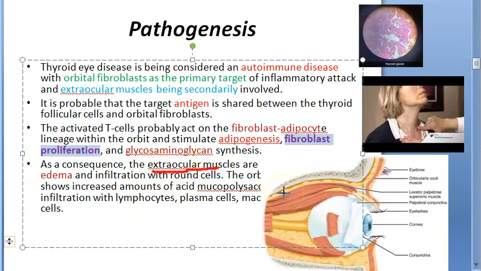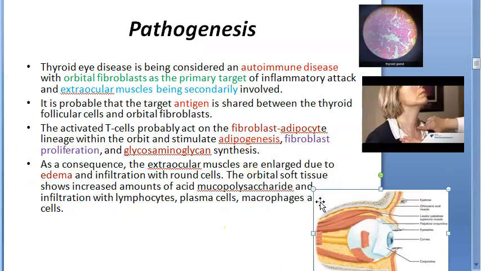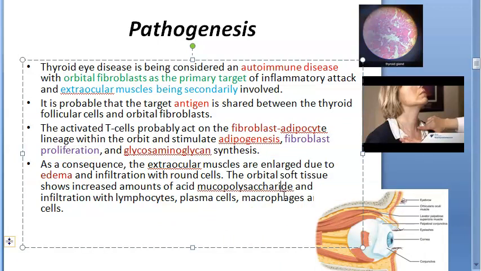Extraocular muscles are going to become fatty. They're going to have edema. First, what was affected? Mainly you focus here. First the fibroblast. Second, it is affecting the extraocular muscles that you can see here. All of them are going edematous. And the orbit shows an increased amount of mucopolysaccharides, infiltration of lymphocytes, plasma cells, and macrophages. So all that is happening.